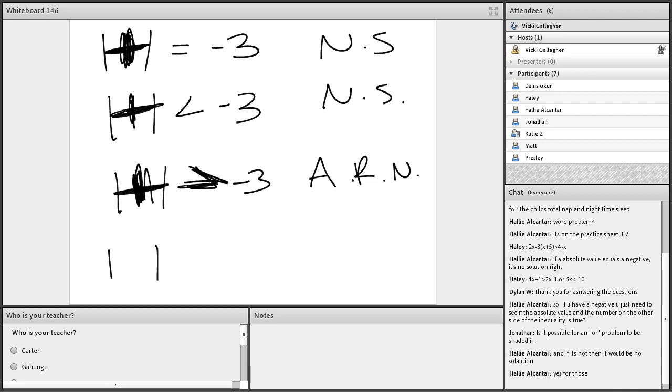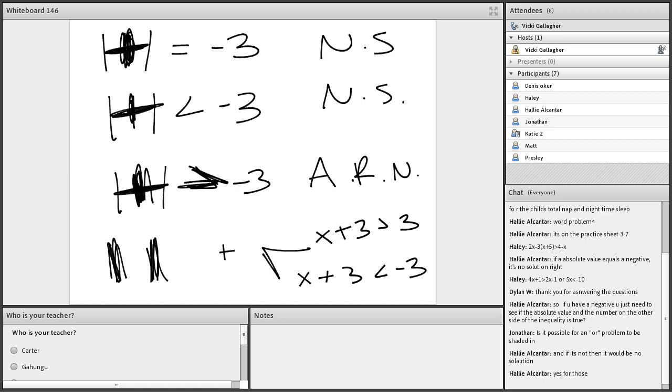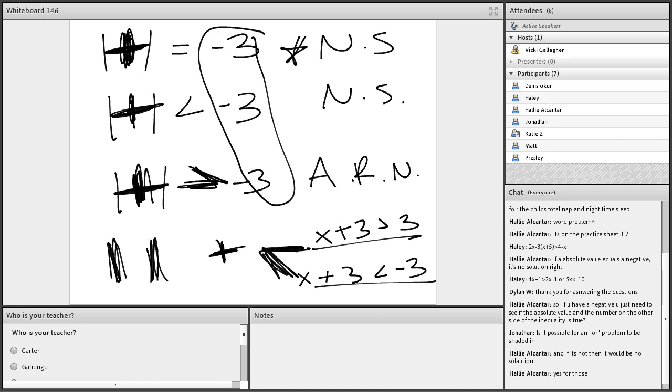If you have an absolute value and the number on the other side is a positive number, that's where you have to split it up, and you do it once exactly how it looked, and the second time you flip your inequality and make it negative. So if the absolute value has a positive over here, then you got to do some work, and you'll get two answers. But if this outside number is negative, you can go straight to either no solution or all real numbers. I think that was what you were asking. And if not, maybe type in a problem for me and I'll do that.